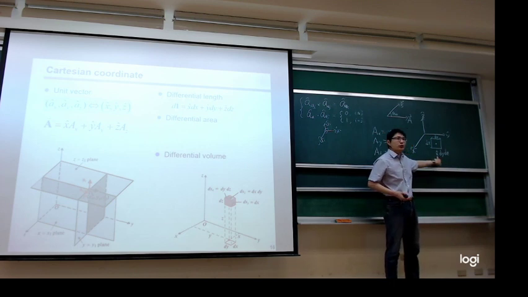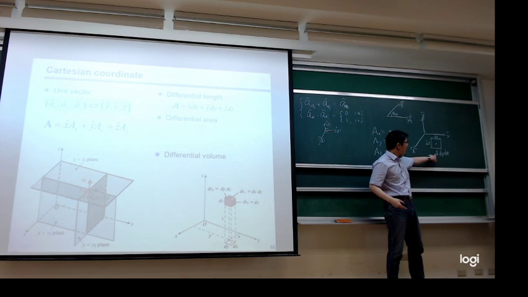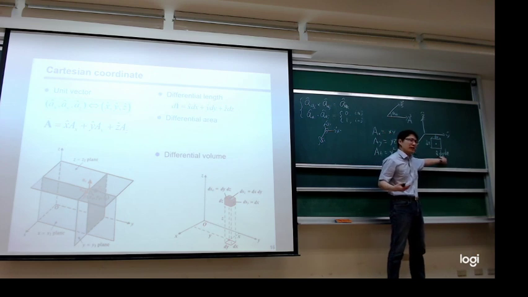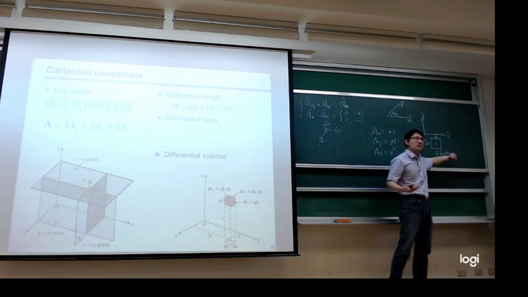Once you know the direction, then the area will be determined by the other two magnitudes. So in this case, you have a surface which has a surface direction in the x direction, then its area must be determined by the differential length in the other two directions, dy times dz.